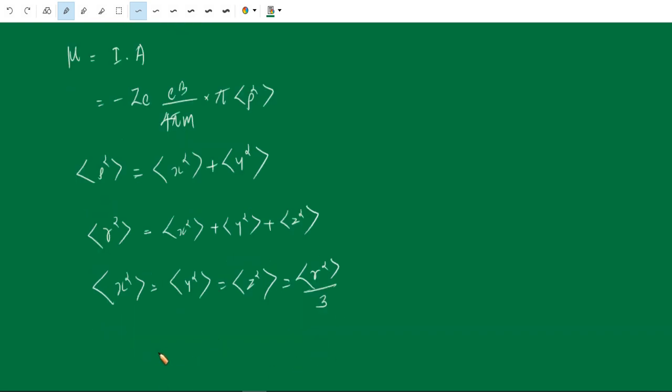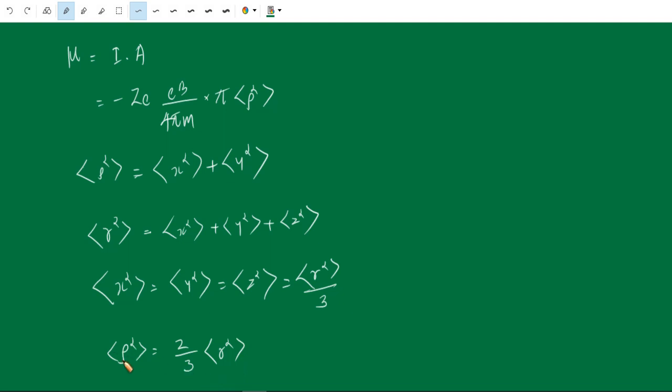Therefore rho square is equal to the sum of mean x square and mean y square, which is r square by 3 plus r square by 3. So 2 times r square by 3, or 2/3 of the mean square distance r square.